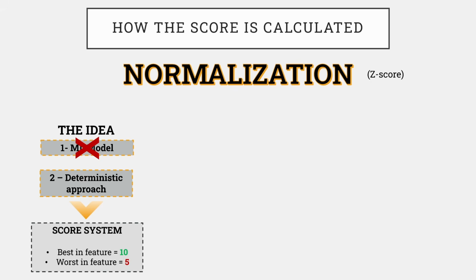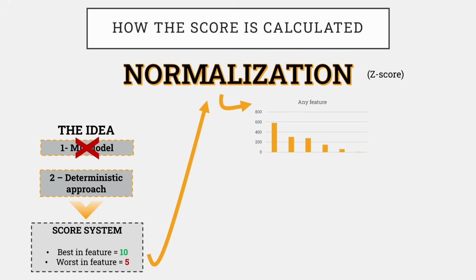And to do all of this, we have a normalization technique at its core. Let's take any given feature and ignore the values for now and even what it is. Just think of it as any distribution of values for different drivers. What I do with that is apply what is called the z-score normalization, defined by getting each value of the distribution, which is defined by x, and then I subtract the mean value of the distribution from that, and then I divide the result by the standard deviation.